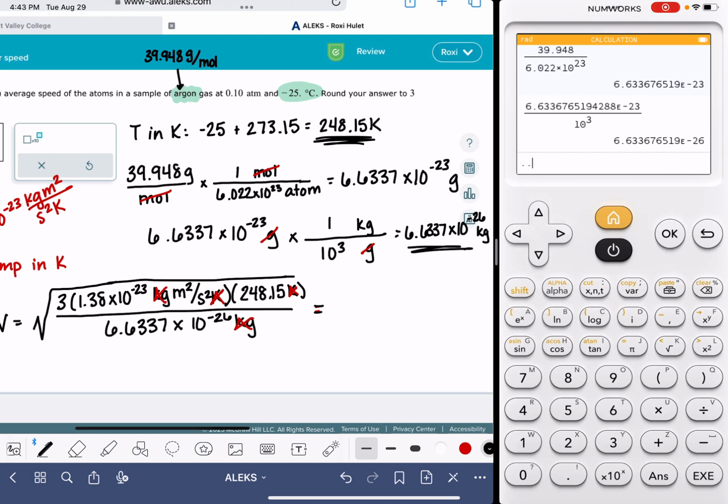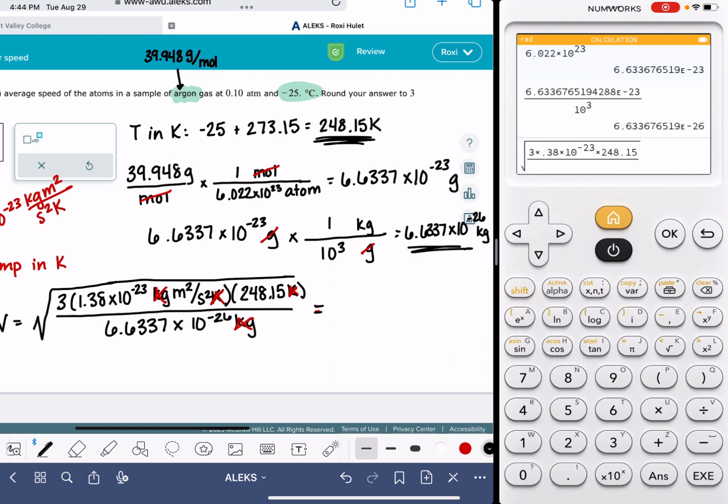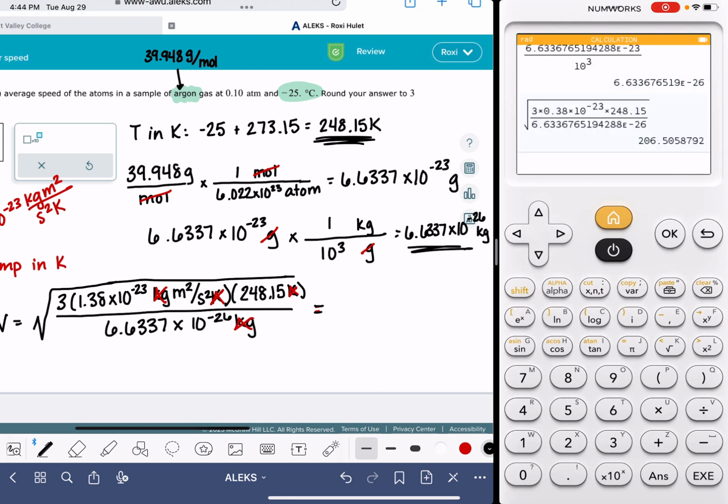Okay, so we're ready to plug stuff in. We've got the square root of 3 times 1.38 times 10 to the negative 23rd, there's that constant, times our temperature, 248.15. And then we are going to divide all of that by that mass in kilograms. Don't forget we're square rooting this.